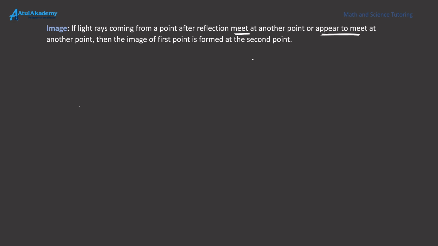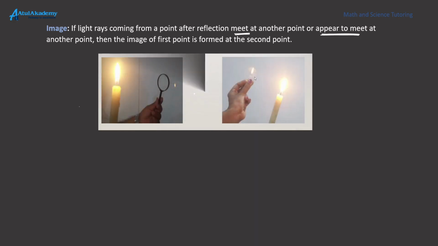Now let's see over here. You can see there is a candle, and here the image of this candle is being formed. Here also the image of this candle is being formed, but there is a difference.